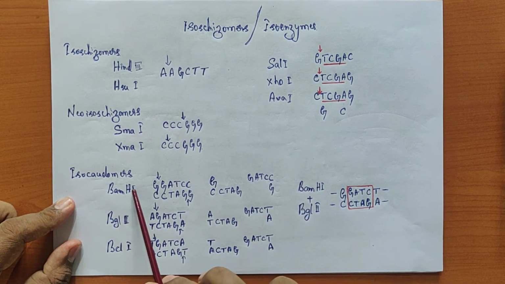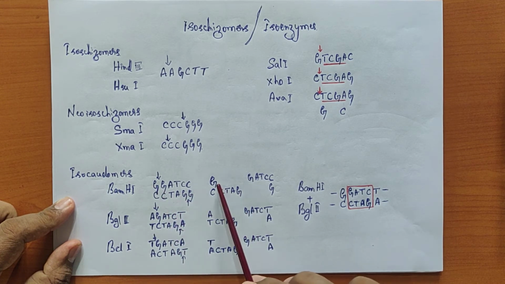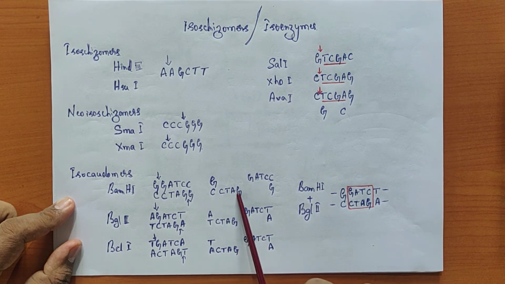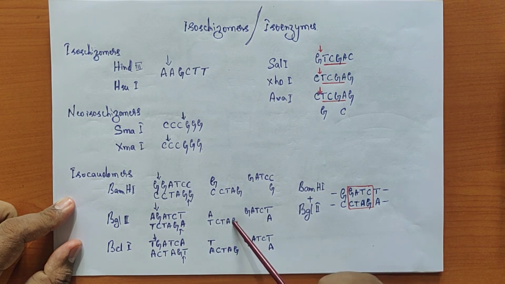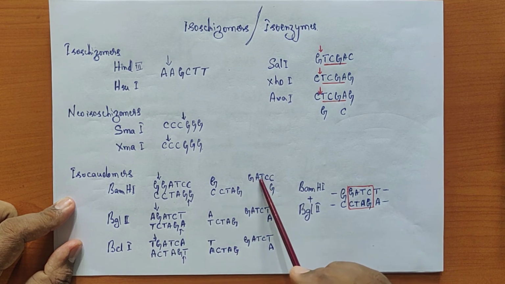For example, BamHI cleaves this particular site and generates CTAG as an overhang. BglII recognizes a totally different sequence, but its cleavage product is again CTAG. Now this and this are compatible. Whereas BclI again recognizes a different sequence, and they generate CTAG. Now the other counterpart is CTAG.